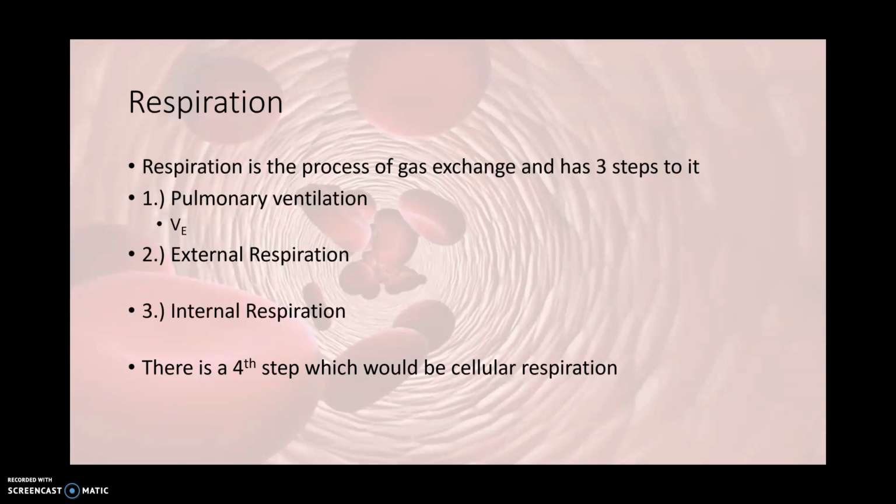There's also a fourth step, and that fourth step would be considered cellular respiration, what happens within the cells themselves. So cells doing cell stuff. But when we go back to internal respiration for a second, it is actually an exchange between the capillaries and the interstitial space, then a secondary exchange between the interstitial space and the cells themselves. What I want you to know is that in internal respiration, you go from the systemic capillaries to the tissues.